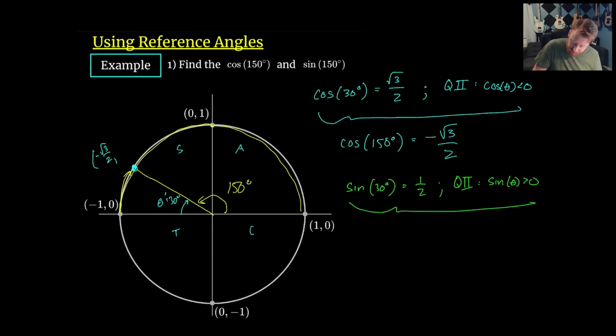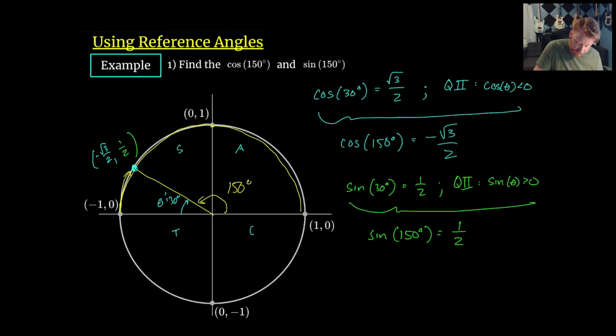So we can put these together to know that the sine of 150 degrees is positive 1/2. It's going to be the same absolute value as the sine of 30, and then we can use the fact that we are in the second quadrant to know that it's positive. So we have got 1/2 there. So there we go. We have got the sine and the cosine of 150 degrees.